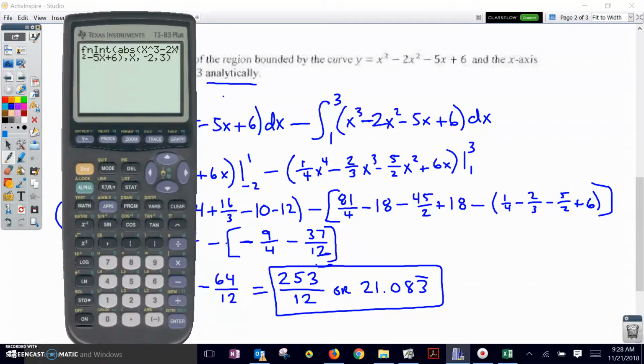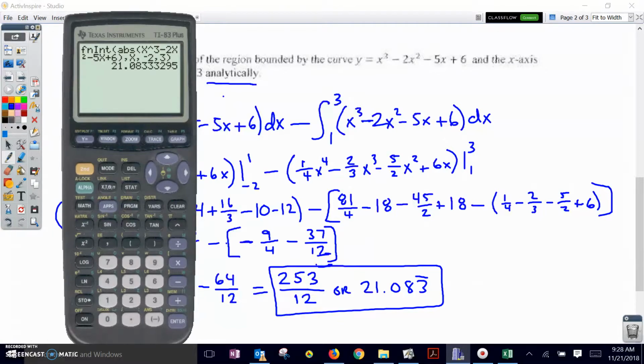Let's see how my calculator does with this. And hopefully I get 21.083 repeating. Otherwise I did make a calculation mistake along the way here. Crossing my fingers pretty hard right now. Hey, alright, 21.083. Alright, good.